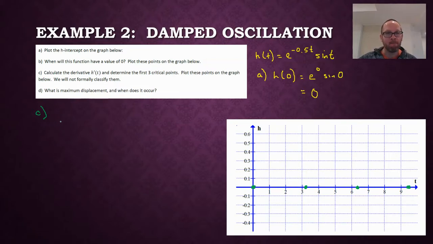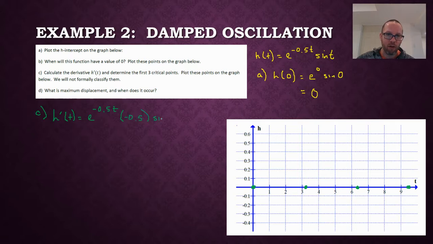So, all right, let's find the derivative. Okay, so our function is a product of two functions. So we have to use the product rule. So h prime of t, we differentiate the first guy, which is just e to the negative 0.5t, times negative 0.5.